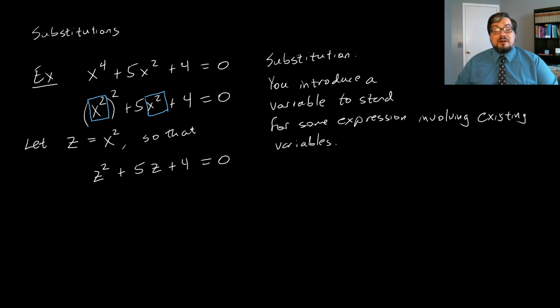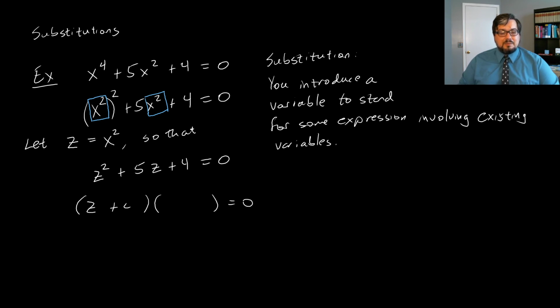Now, the equation involving the z's, we know how to solve. This is just a quadratic equation. And in fact, this is one of the nice ones that actually factors. So we can factor this equation as z plus 4 times z plus 1 equals 0.